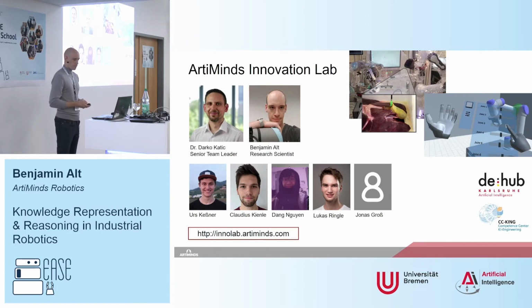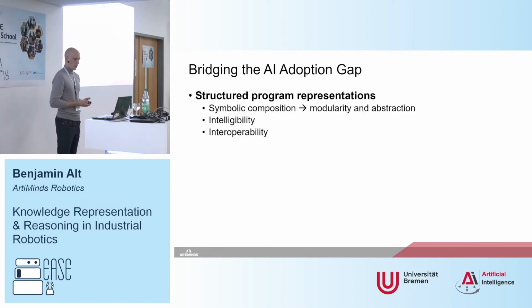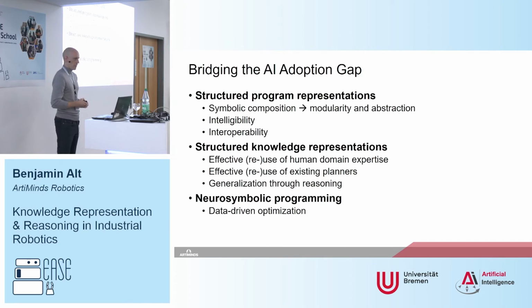With this, I would like to conclude with the upshot of the talk, which is that the AI adoption gap in industrial robotics can be bridged, in our opinion, by three fundamental approaches. First, the systematic exploitation of structured knowledge: program representations for robots, leverage composition, have intelligible programs, so intelligible AI, and leverage the interoperability that these program representations provide between robots.